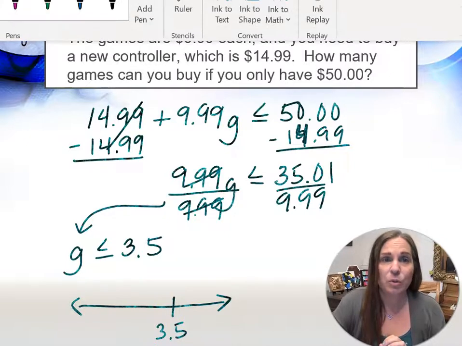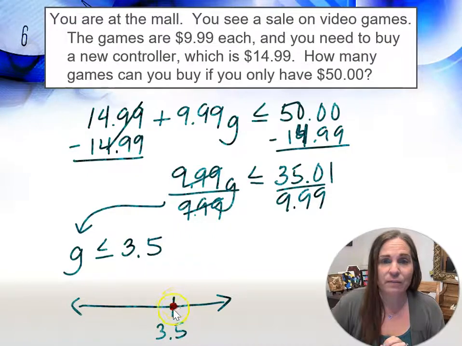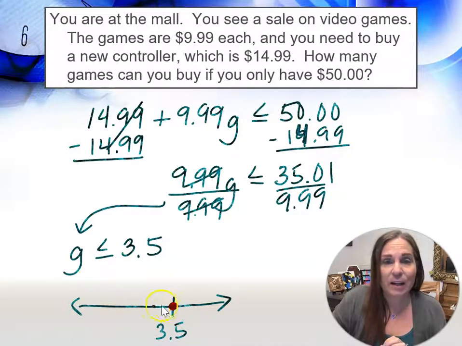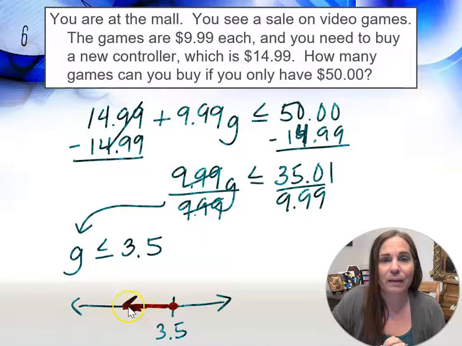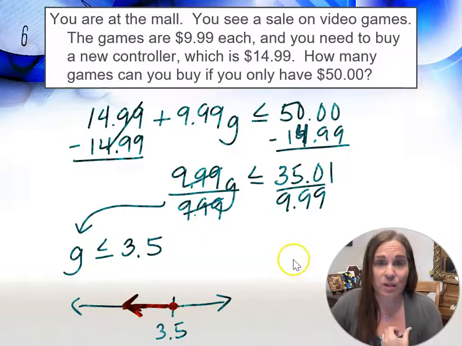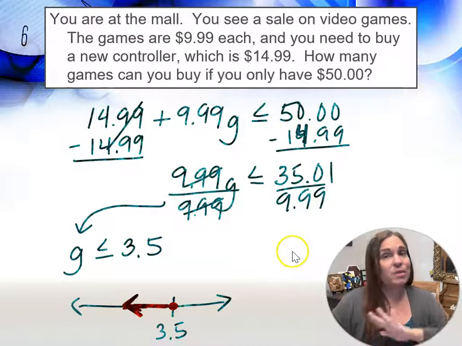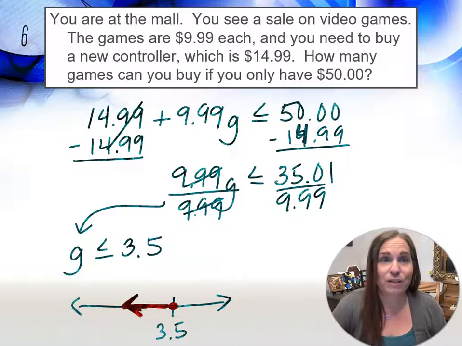Because it's equal to, that means I have to shade 3.5. And then because it's less than, I would have to shade all of the numbers that are less than 3.5. And then I would put an arrow to show that my shading continues in that direction. Right? That's if this was not a real world situation.